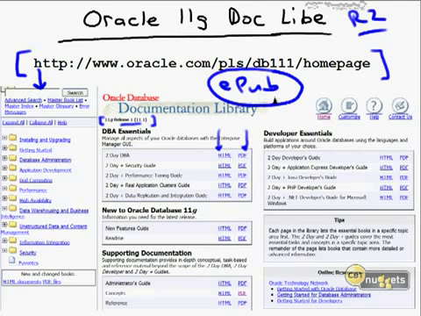Now, EPUB is pretty much an industry standard ebook format. So, for instance, if you're using the Apple iPad, the iBooks application in iPad reads EPUB. So you can take the documentation library books and bring them into your mobile device for offline reading, and it's a very nice way to go. So please bookmark this site.